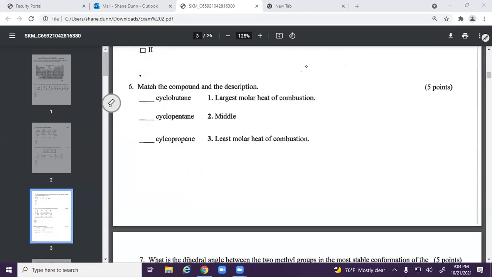Okay. Now it's about heat of combustion. So anyone want to take a guess at this one?